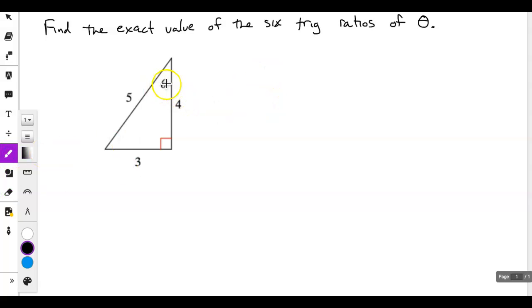Here's theta right here. From theta, this is my opposite side, this side here is my adjacent side, and the side always across from the 90-degree angle is my hypotenuse. So I'm going to write all six trig ratios. The sine of theta is opposite 3 over the hypotenuse 5.